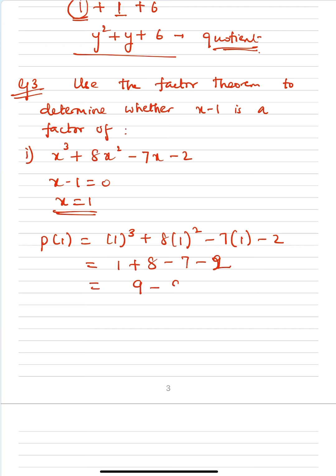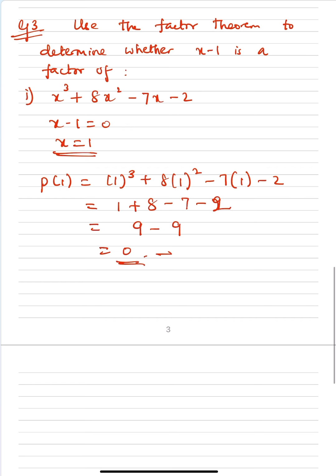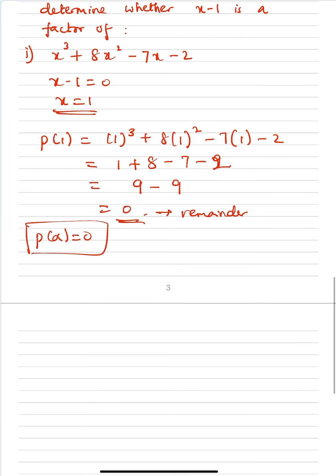This is 9 minus 9. This is 0. So I am getting my remainder as 0. That is, here I am getting p of alpha as 0 according to the factor theorem. Hence I can say that x minus 1 is a factor of the given polynomial p of x.